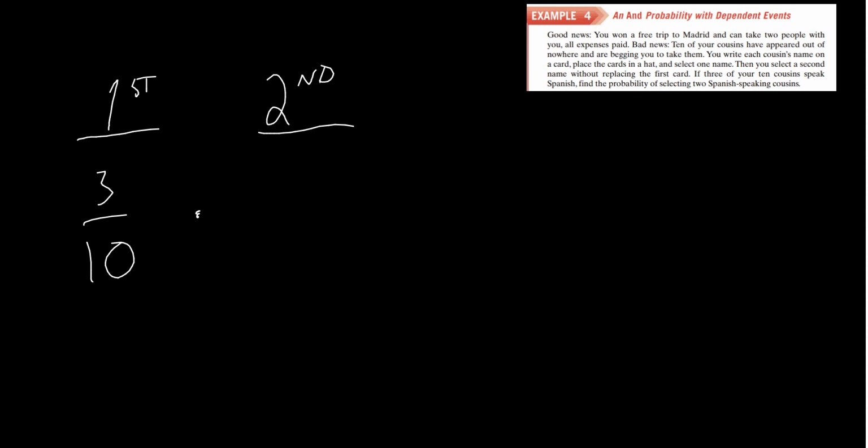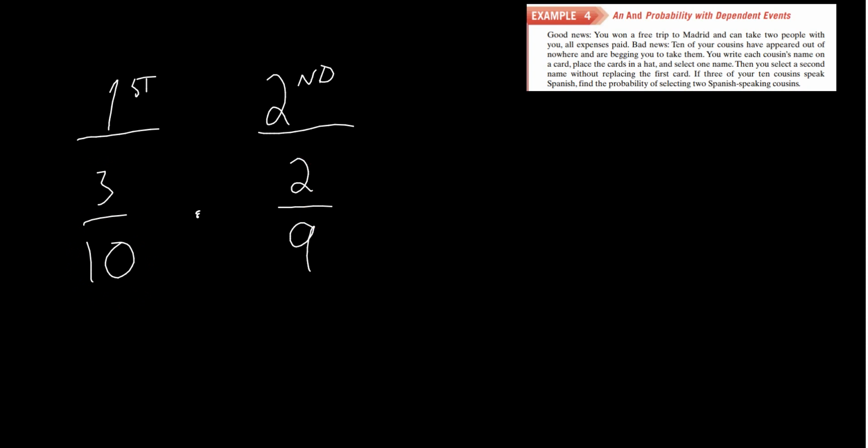Instead, I have a 2 in 9, right? Because on my first pull, I had 10 options to choose from, and 3 of them were Spanish speaking. Well, I take one out. I now only have 9 cousins to choose from, and 2 of them are Spanish speaking.